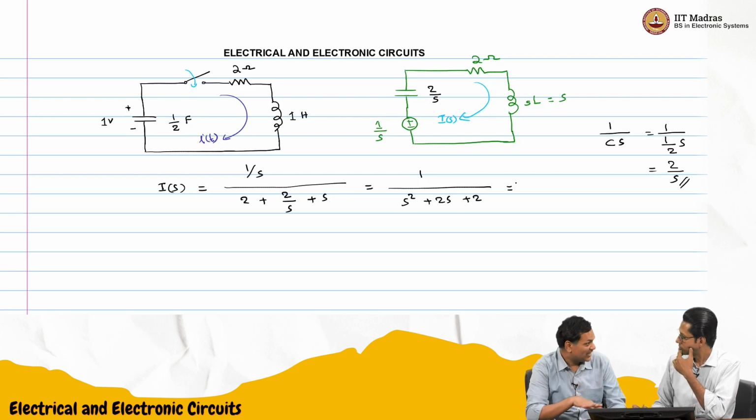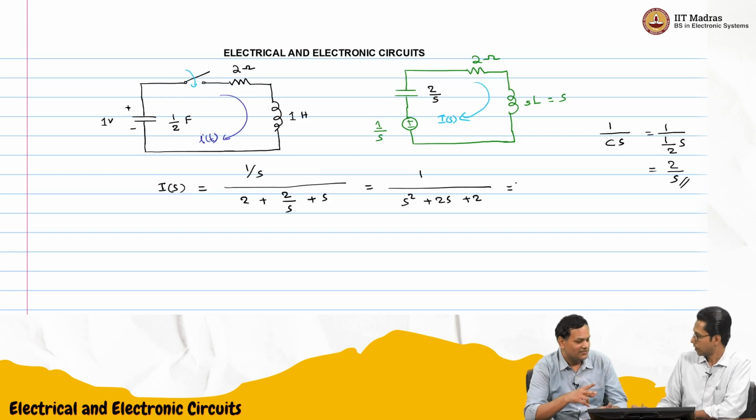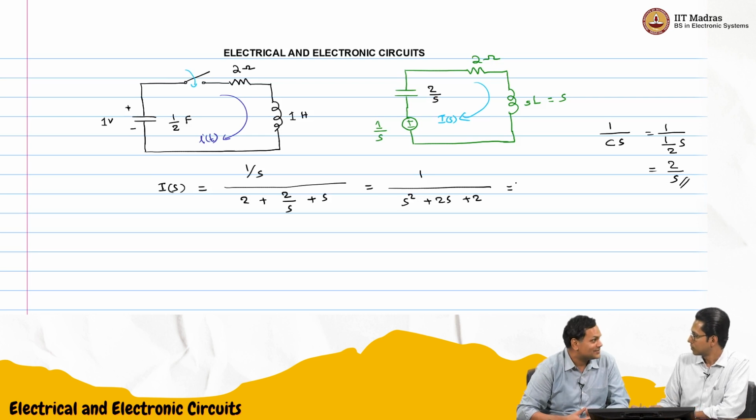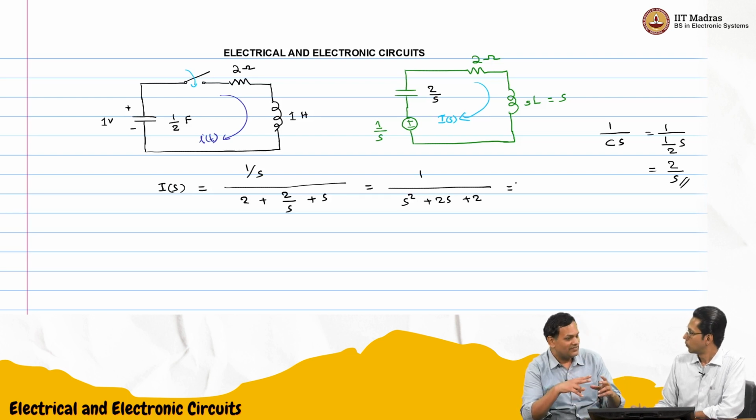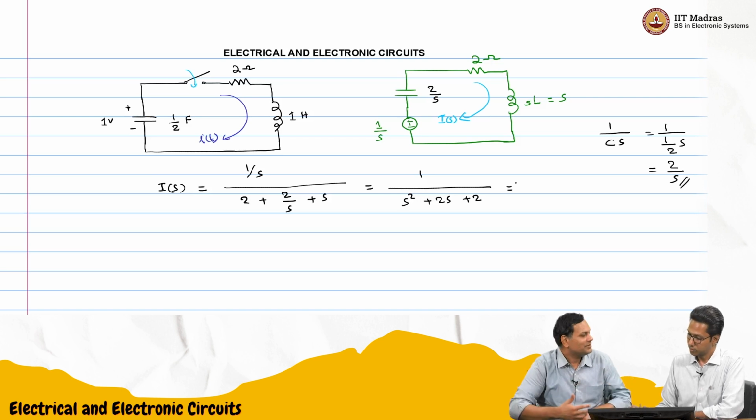Eventually we want to find I of t, which means we need to take the inverse Laplace transform. We need to bring it to something that we know. So if it is some form, 1 by S, 1 by S plus A we know. Something like that we have to do. I think we did one problem where we split it into partial fractions. Correct. Something like that we have to do.